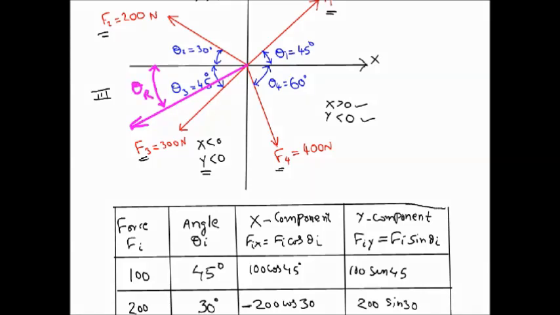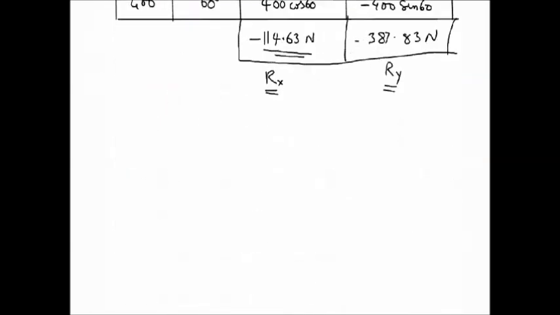To find theta sub r, we will write tan theta sub r is equal to Ry by Rx without sign, because we have already taken the sign into account by placing the resultant R in the third quadrant.